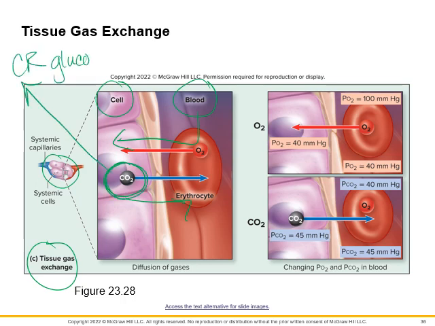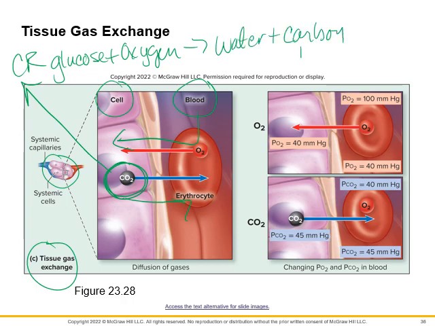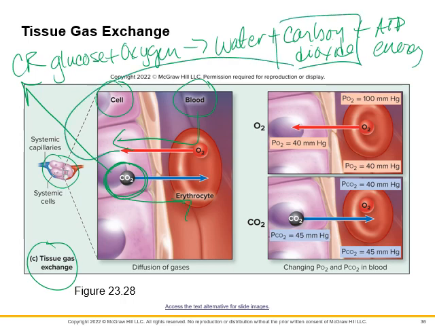So remember, we take glucose plus oxygen, and we break that down into water and carbon dioxide and ATP energy. So this carbon dioxide that the cells are creating, that gets pushed over into the blood that we eventually exhale, comes from cellular respiration.